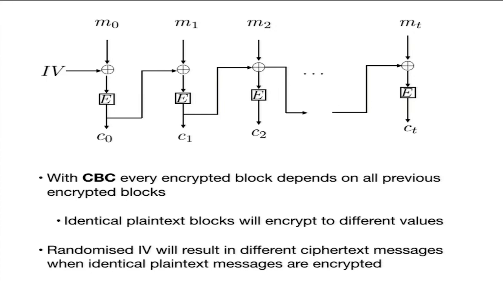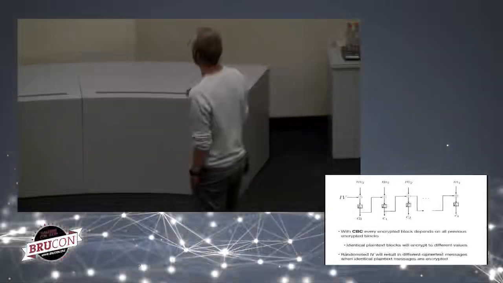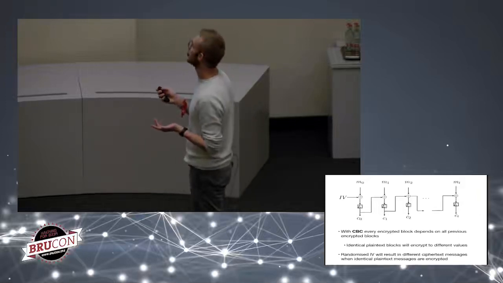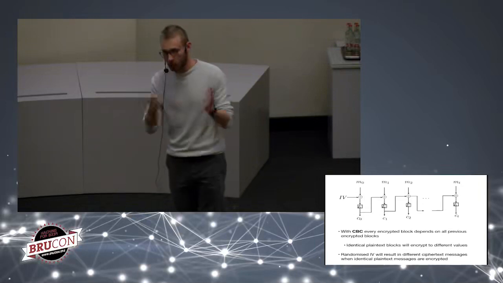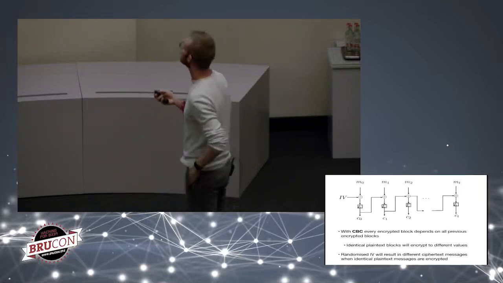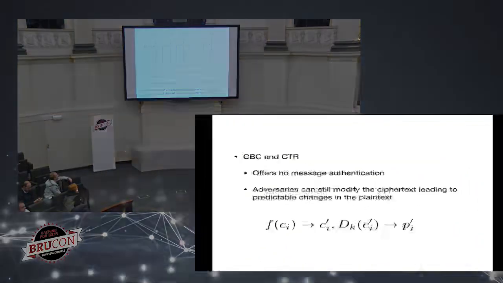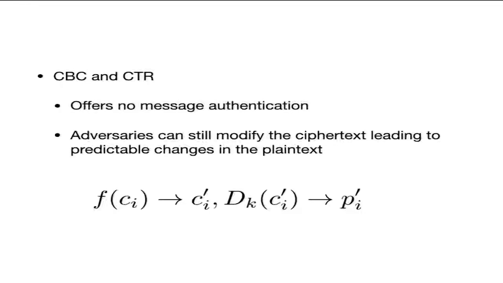The nice thing is that identical plaintexts will encrypt to different values. Why is this the case? Because the IV is a random value chosen by one of the two entities. A randomized IV will result in different ciphertexts when the same message is encrypted twice. So that is how CBC looks.